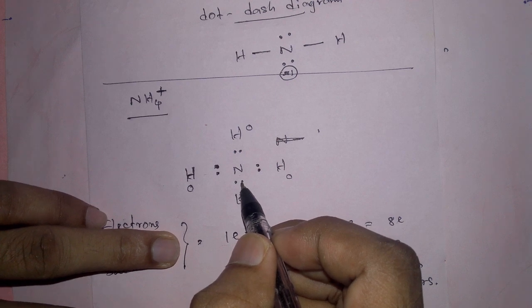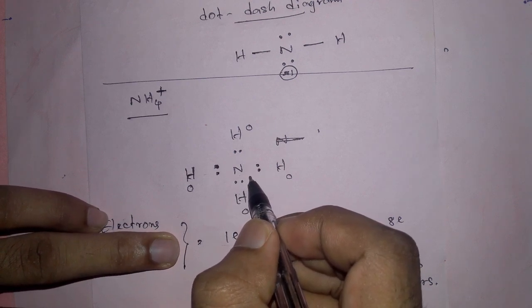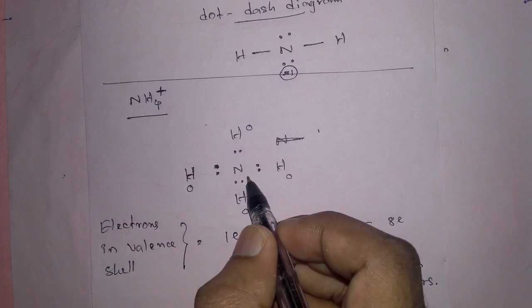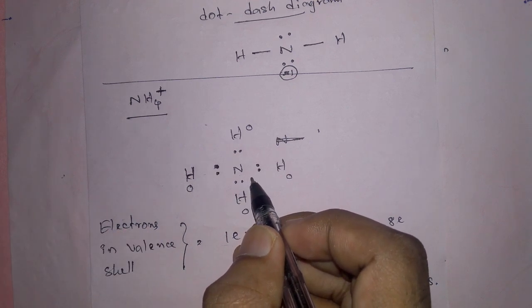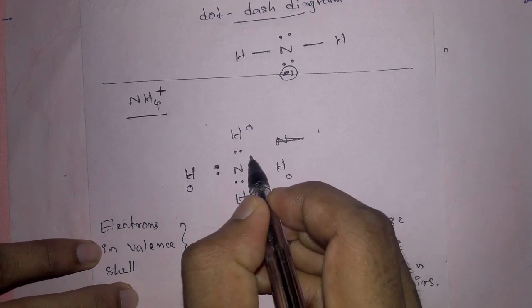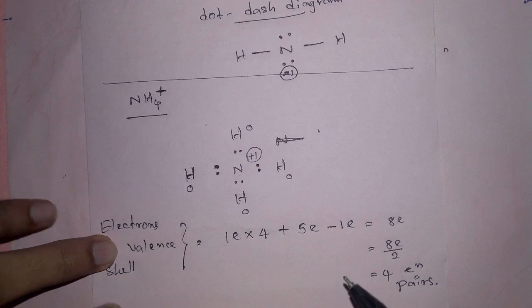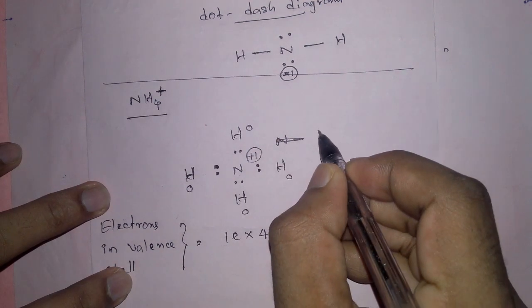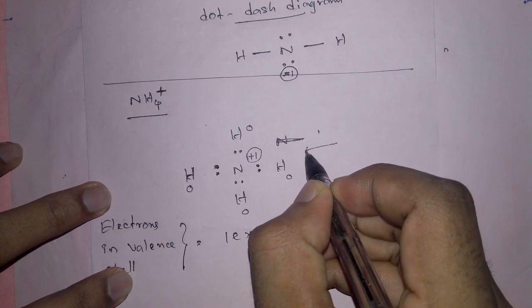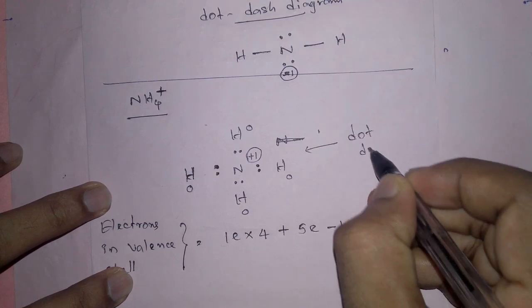We can see that there is a reduction of 1 electron. Reduction of electrons forms positive charges, that means positive ions. So this nitrogen should have +1 formal charge, and this is the Lewis dot diagram of ammonium.